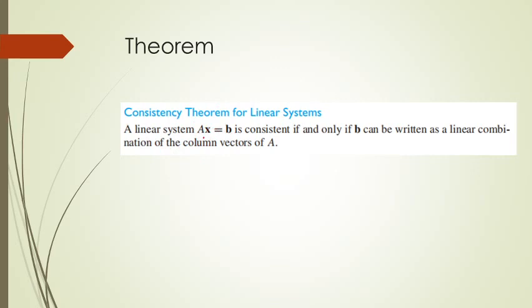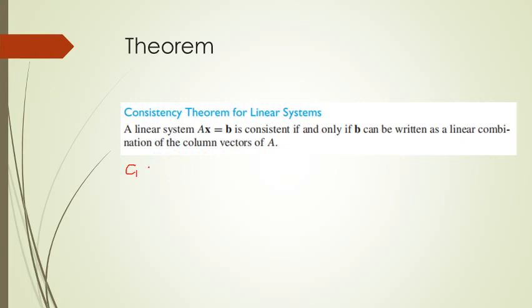Here the letters x and b are bolded, which means they are not numbers, they are column vectors. A linear system is consistent if and only if b can be written as a linear combination of the column vectors of A. That is what I said.